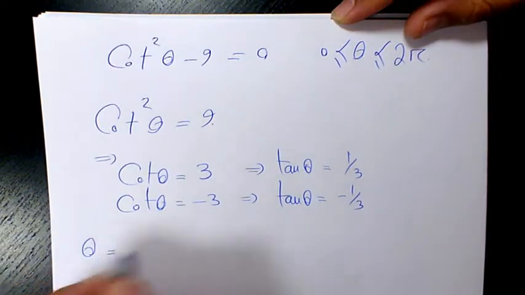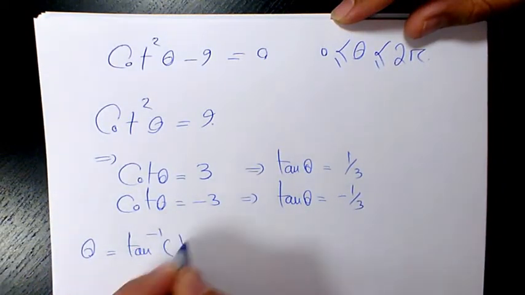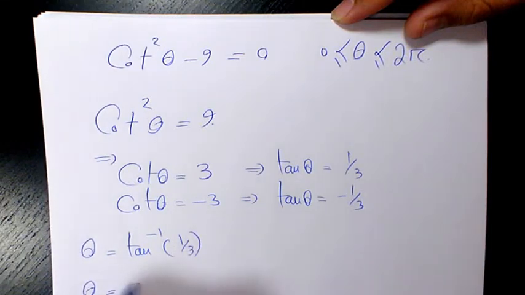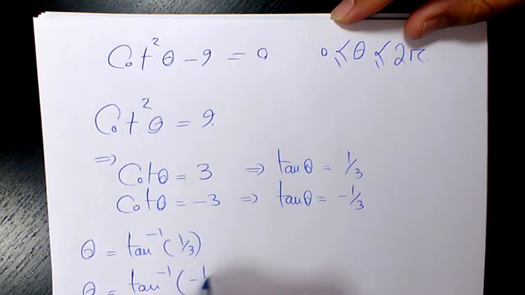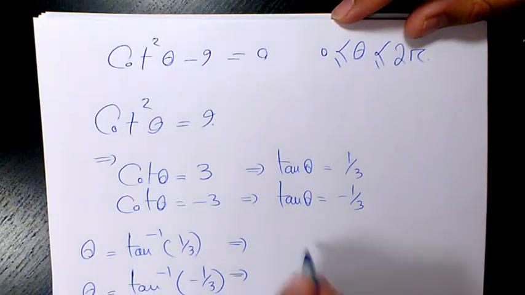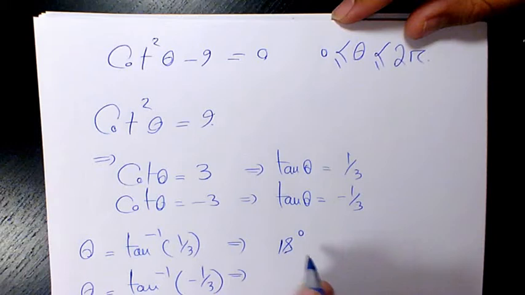So theta will be tan inverse of 1 over 3, tan inverse of negative 1 over 3. That's going to be 18 degrees. And 180 plus 18 is going to be 198.